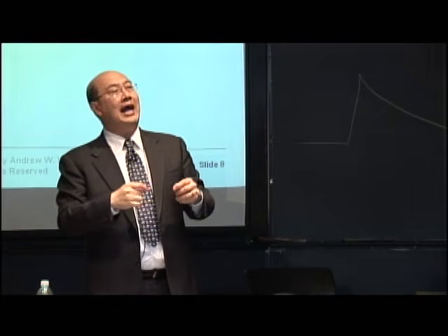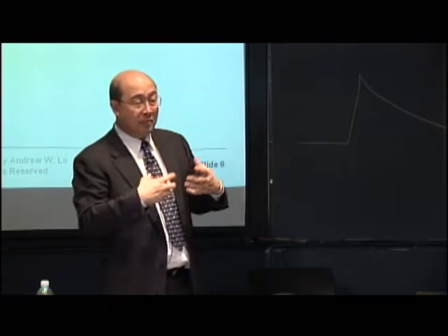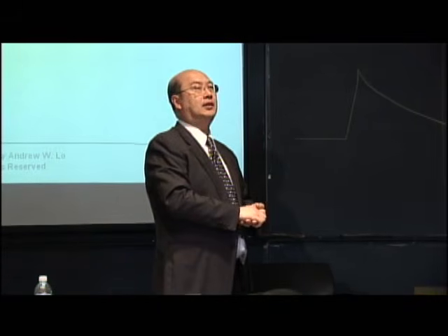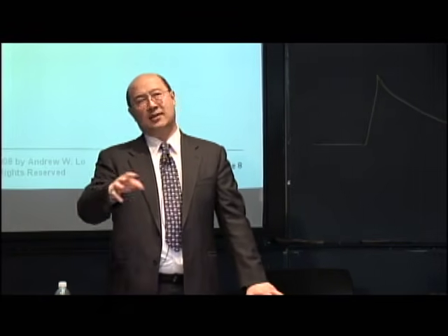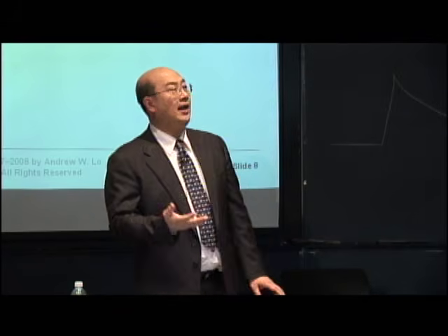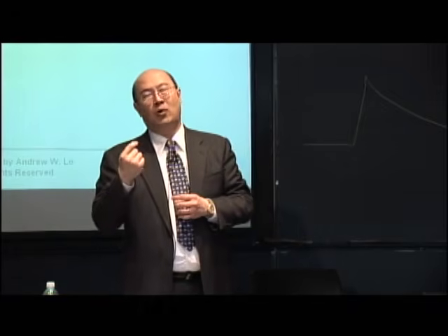For example, you may have information or you may have conviction that information technology is going to do really well over the next couple of years, because somebody's got to figure out how to process all of these bad loans and problem banks, and IT is going to ultimately be the solution. Well, if that's the case, you can make a bet on IT without having to make a bet on any one firm or one stock.